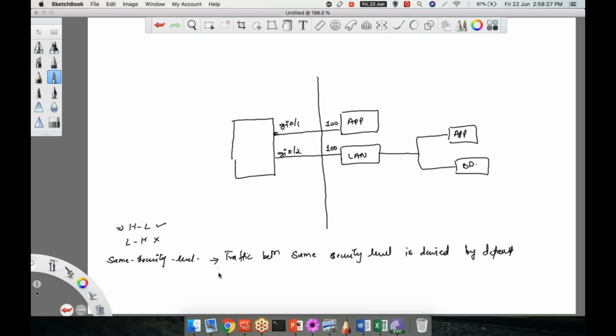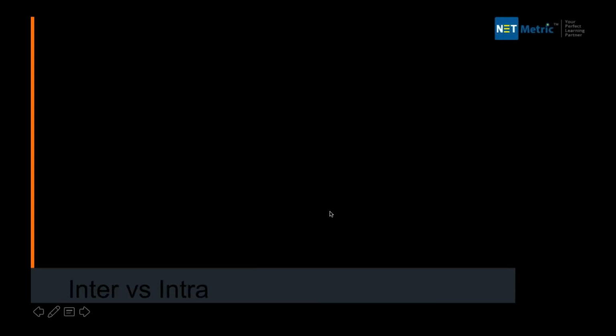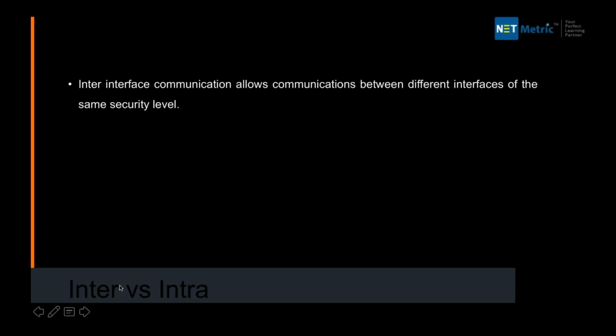Can we allow it? Yes, via a certain set of commands, and what we're going to talk about here is inter and intra. Inter-interface communication allows communication between different interfaces of the same security level, and the command is same-security-traffic permit inter-interface. Do remember that.